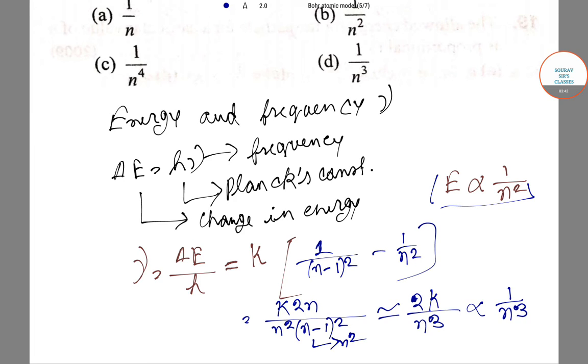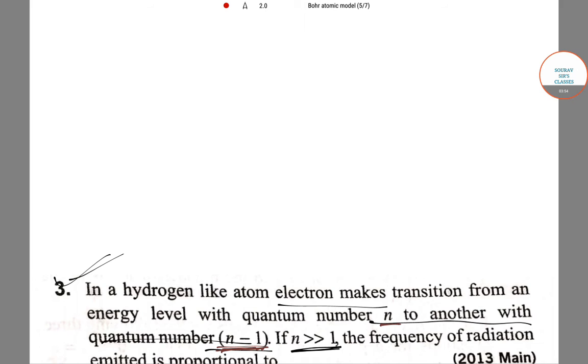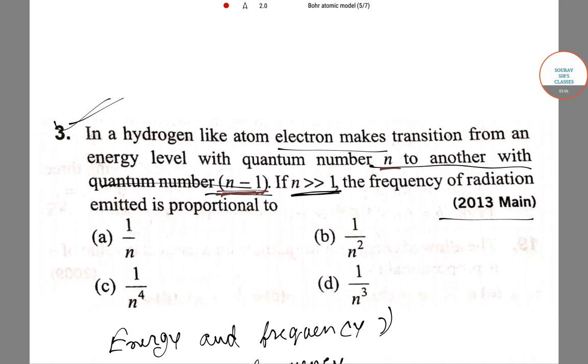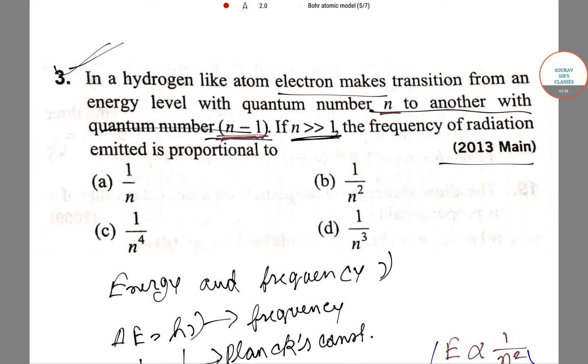So the frequency is proportional to 1 by n cube. For this question, the frequency of radiation emitted is proportional to 1 by n cube. This is option D.